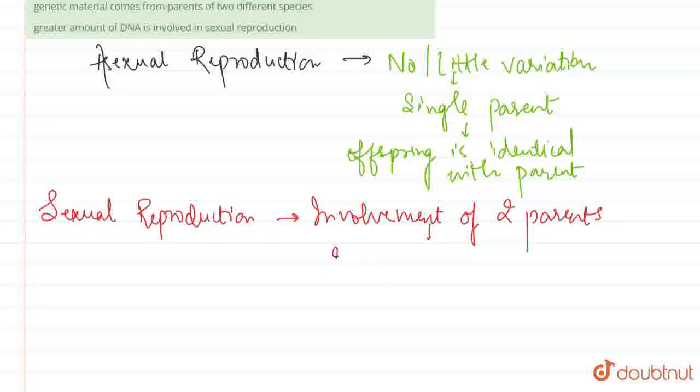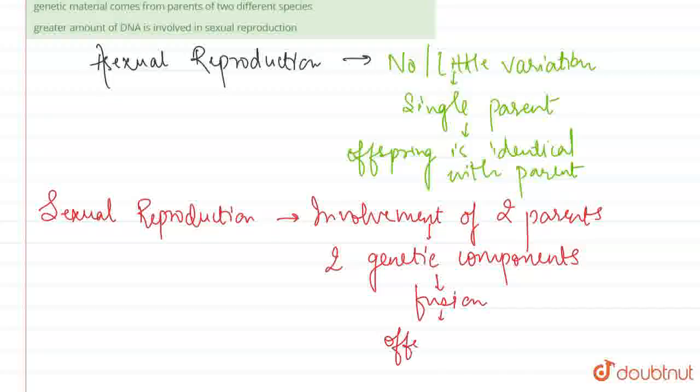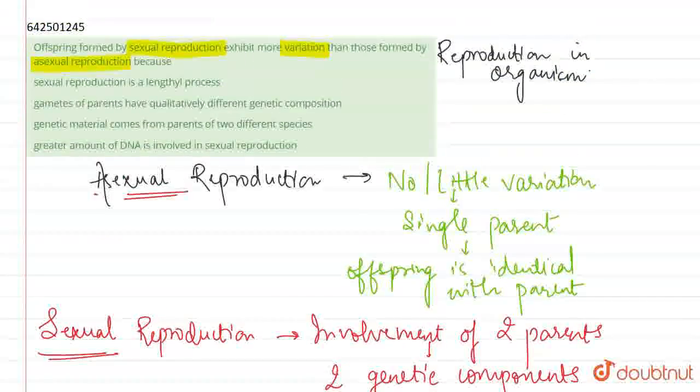So, two genetic components will come together, undergo fusion, and then give the offspring. So, that is the reason for the concept of variation coming into the picture with respect to sexual reproduction compared to asexual reproduction. Now, let's see the options and get to our answer.